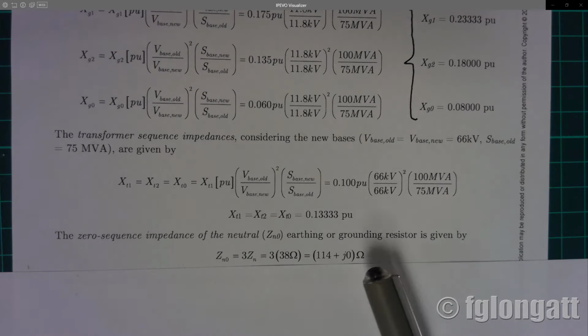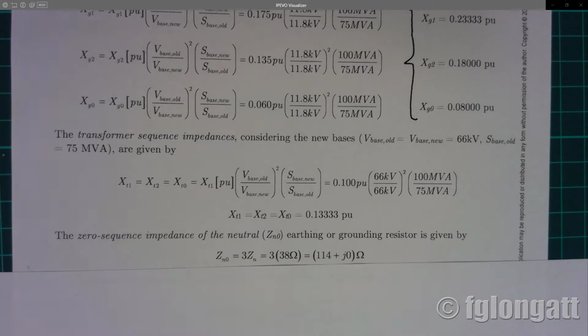What you must remember is that for zero sequence current circulation, the impedance that we need to use is three times the real resistance that is connected between the ground and the neutral point, okay?